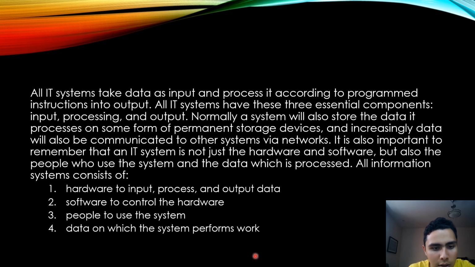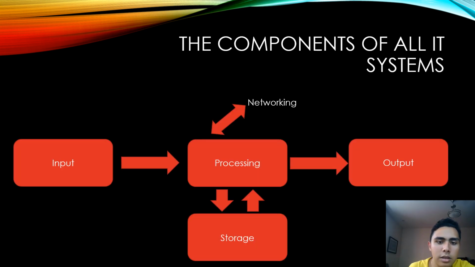It can be hardware, software, and also other components, and we can use all these components to work on the IT system. You make an input, then it processes, it stores the information, and then there goes the output. And sometimes it comes to the network if it requires an internet connection. Thank you.